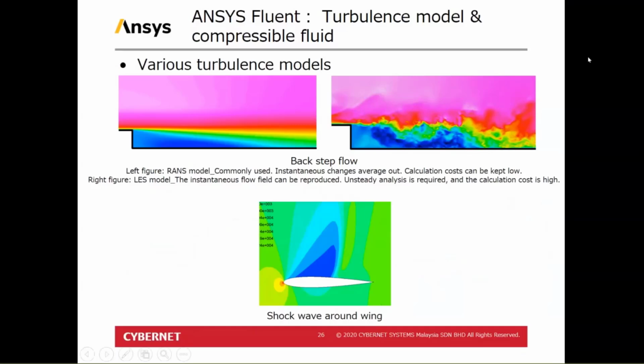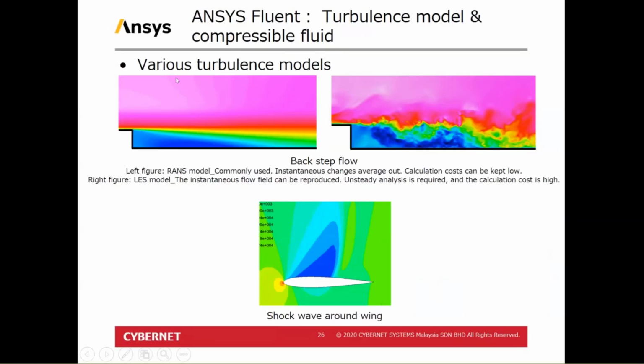Okay. In the case of turbulence, Ansys Fluent has a lot of turbulence model options. This example is for backstep flow, but we use different types of turbulence models for this phenomenon.